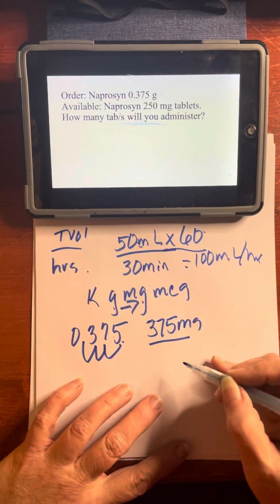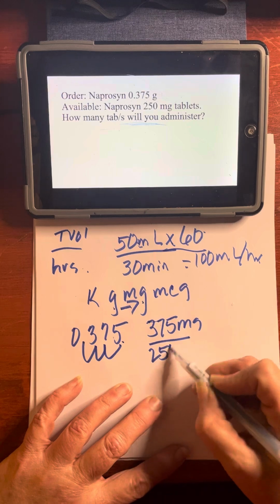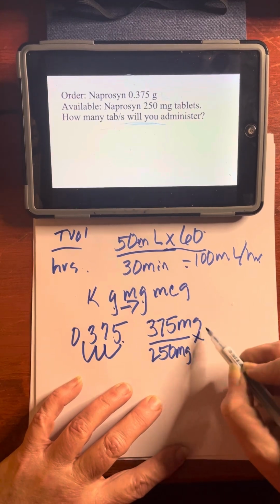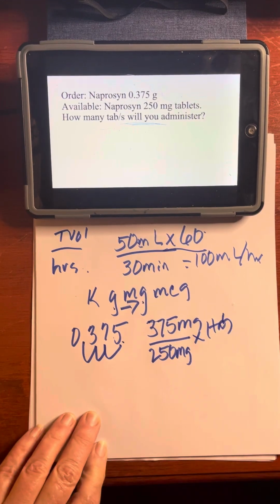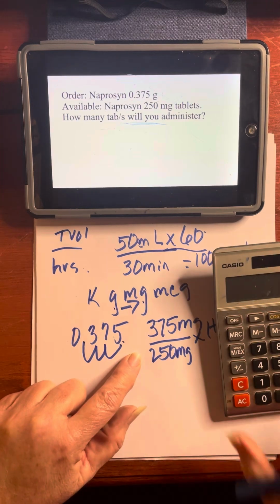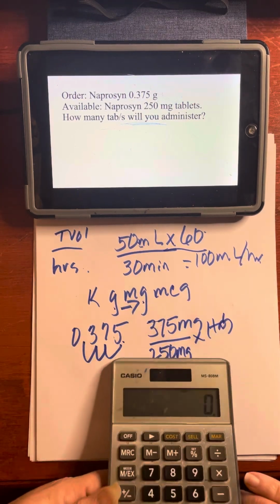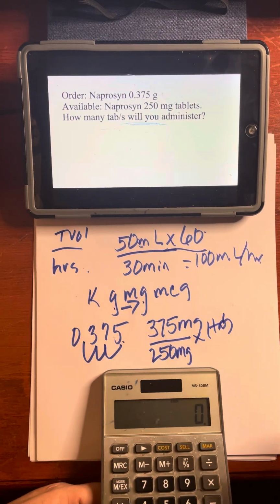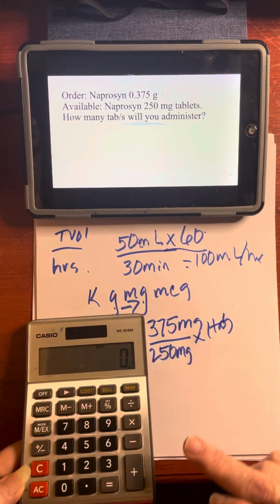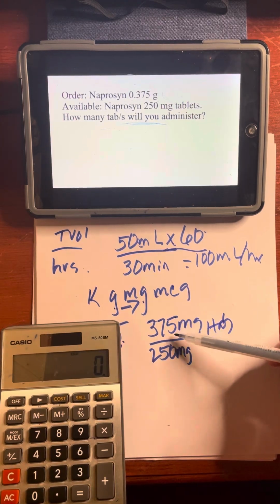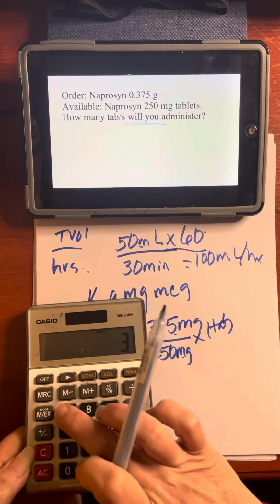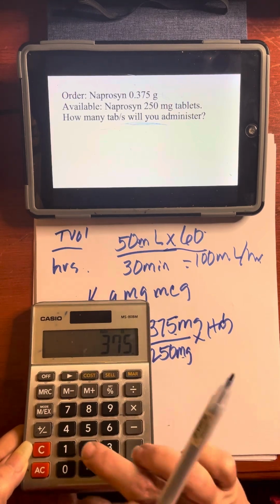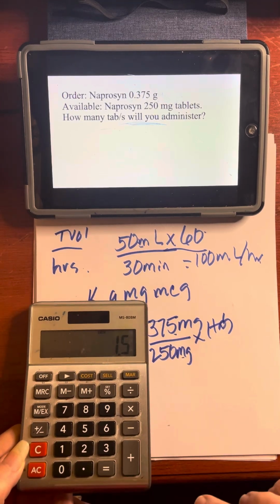What we got is 250 milligrams per one tablet. And then, like a champ, like a valedictorian, I don't know, we're going to go this divided by that. 375 divided by 250 equals.